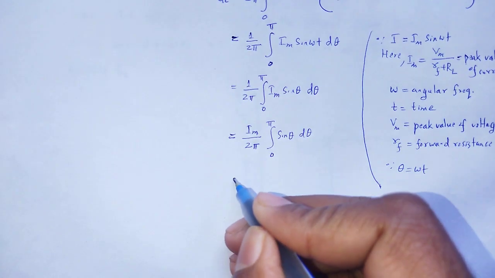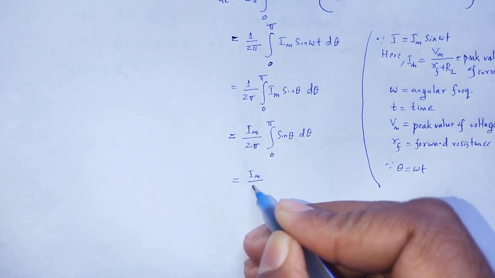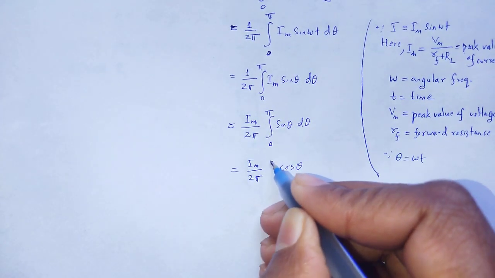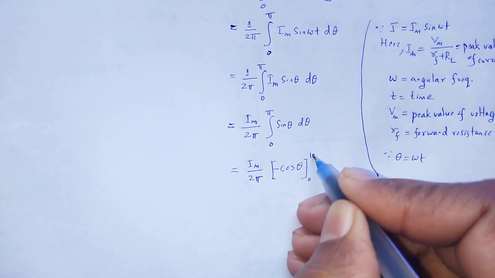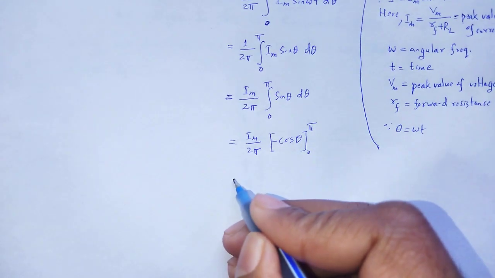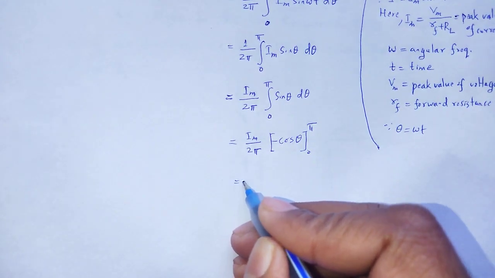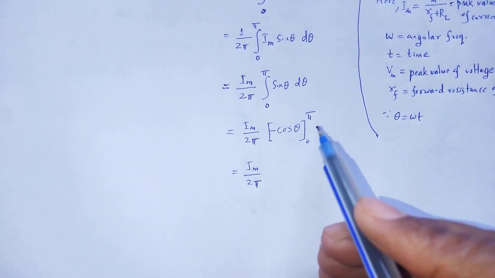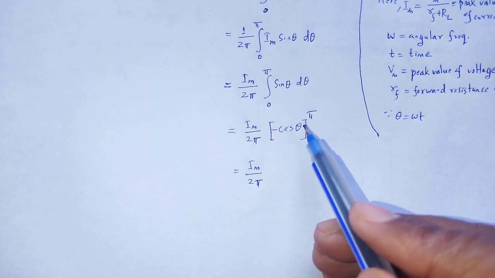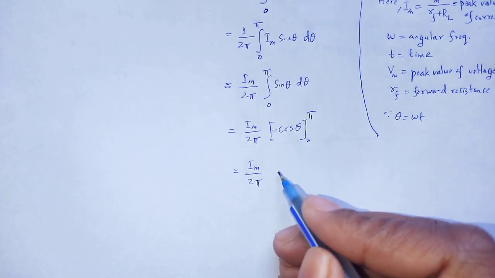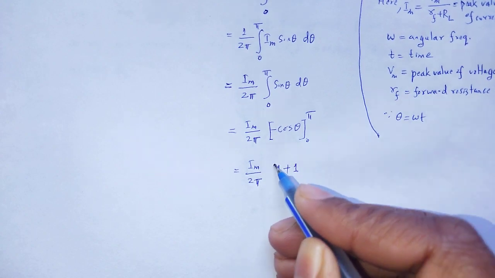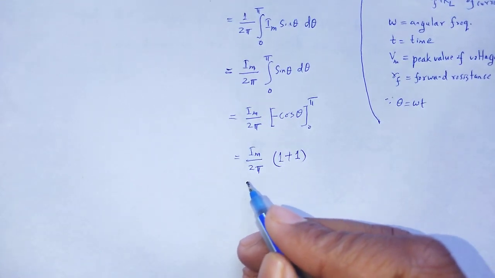The integral of sin theta is minus cos theta, with limits from 0 to pi, equal to I m divided by 2 pi, upper limit minus lower limit: cos pi minus cos 0, that is 1 plus 1, 2.